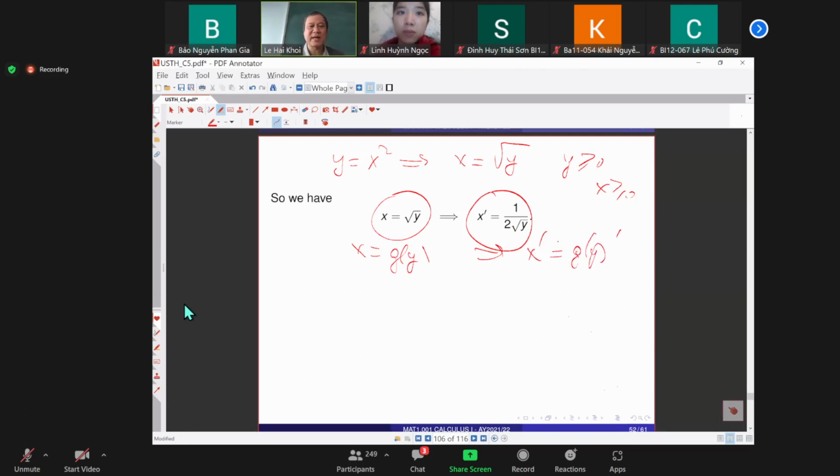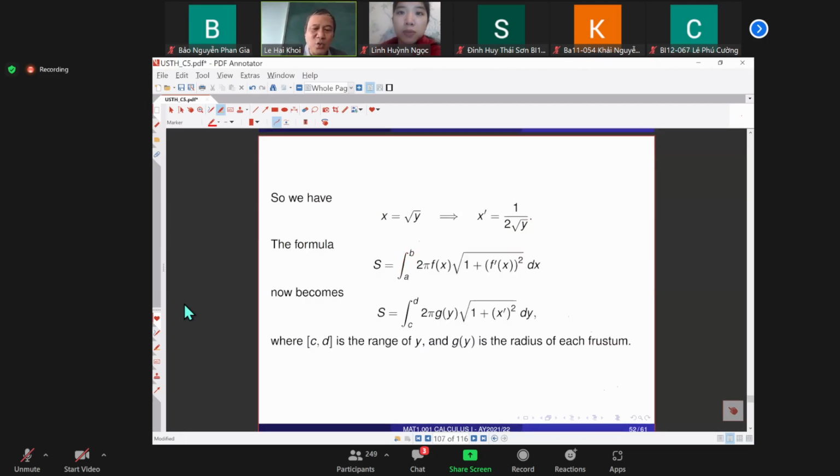And in this case, you have from A to B for x, you should change to C to D for y, where CD is the range of y, and x prime is g prime of y.